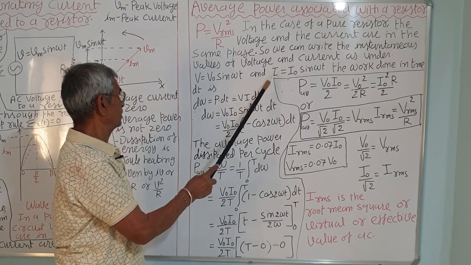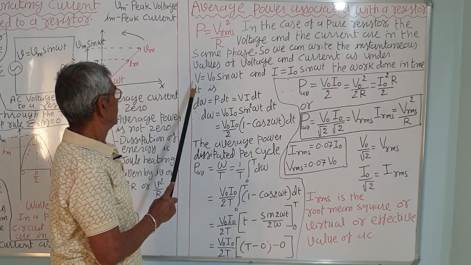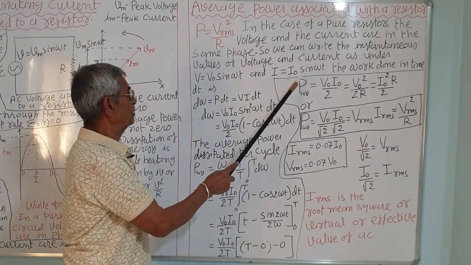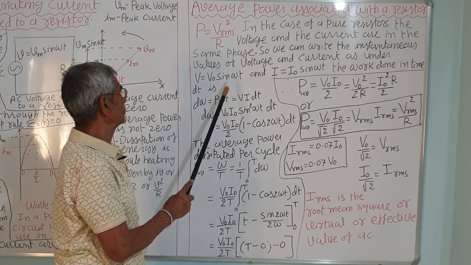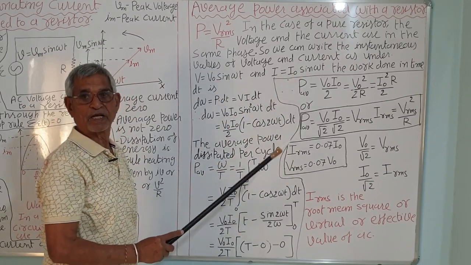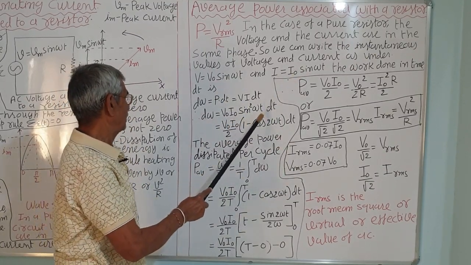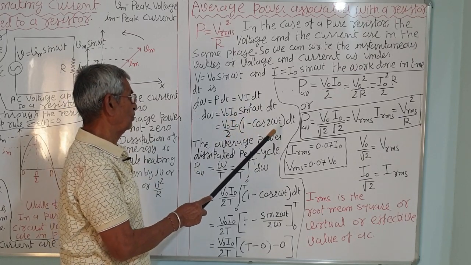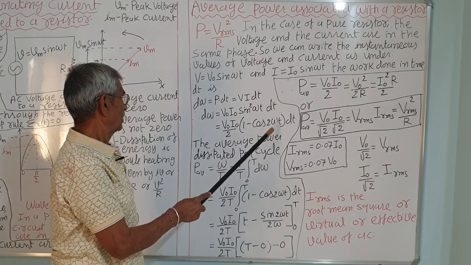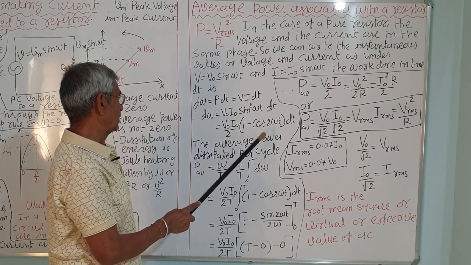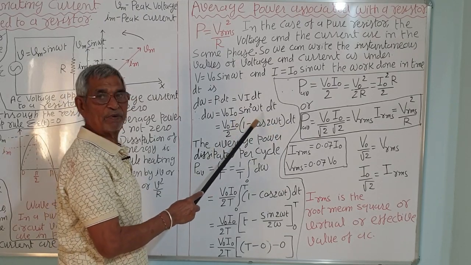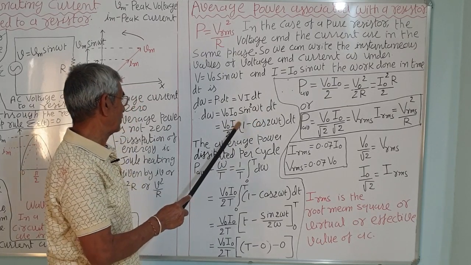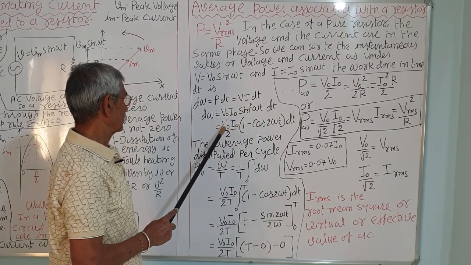So V0 sin omega t into I0 sin omega t, V0 I0 into sin square omega t. And 2 sin square omega t is equal to 1 minus cos 2 omega t, correct? So (1 minus cos 2 omega t) upon 2 is equal to sin square omega t. Remember this trigonometric relation, correct?